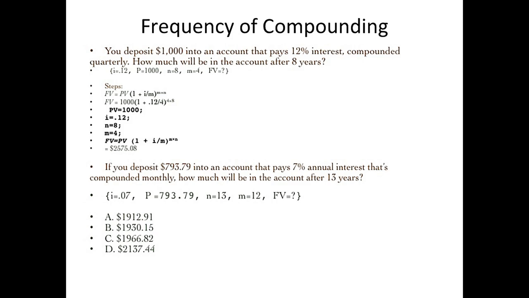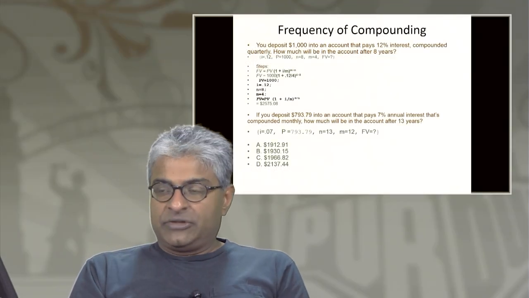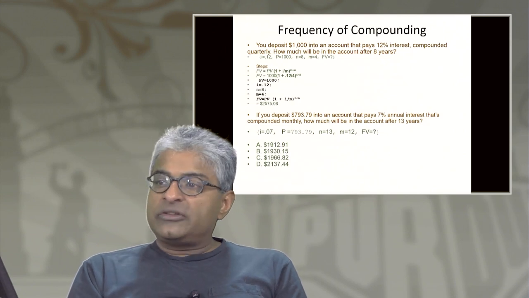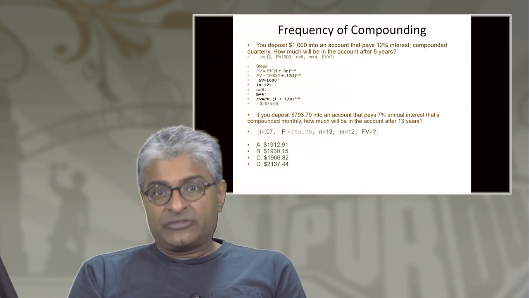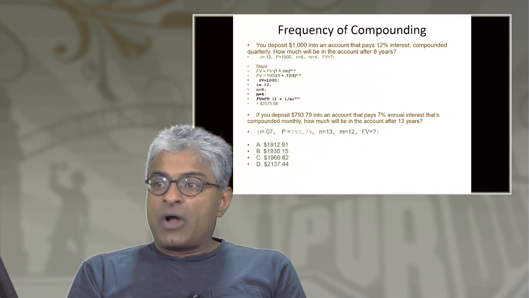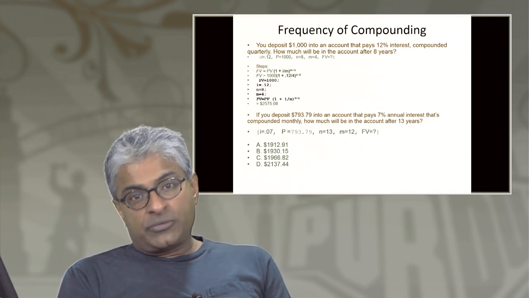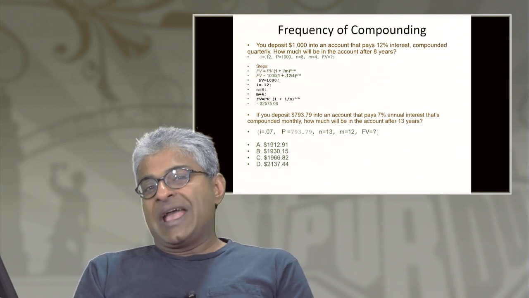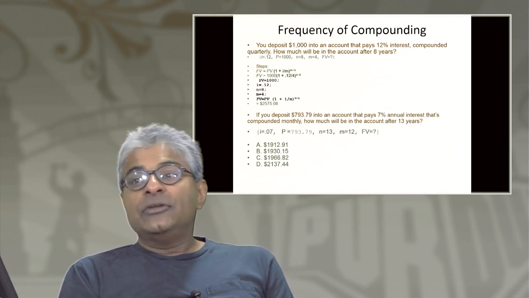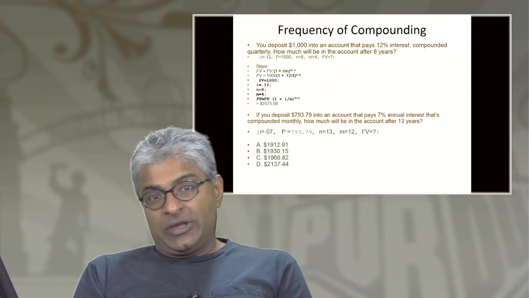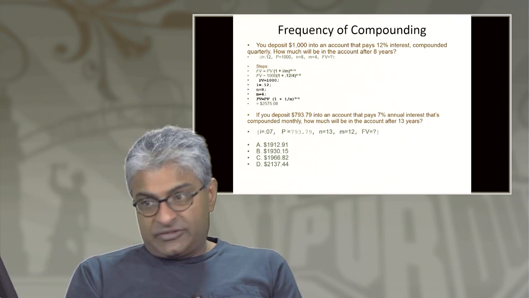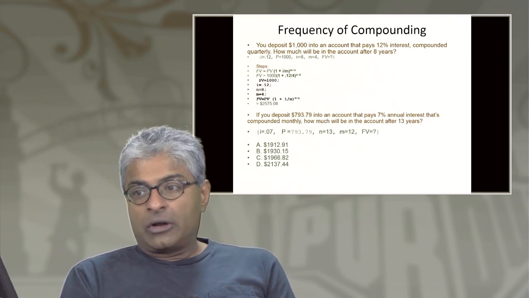Now, if you're really interested in this topic, you can try this out with annual compounding. You can solve the same problem with annual compounding, in which case your i will be 12% or 0.12 and n will be 8, and you'll see what that future value is. Your present value is going to be the same as always, $1,000.